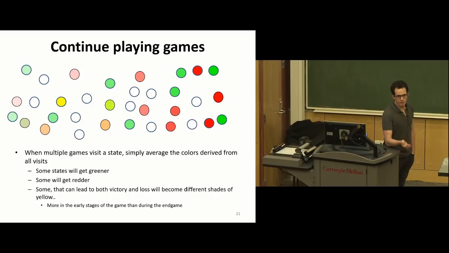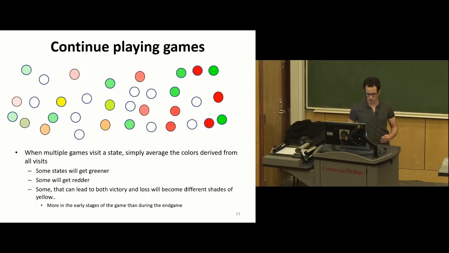That mostly happens in the early stages, obviously. It's the same thing as what I was talking about before. In the beginning, a position is far away, so you don't really know yet if it's going to lead to a victory or a loss, but in the end, it's more likely to figure out the outcome.